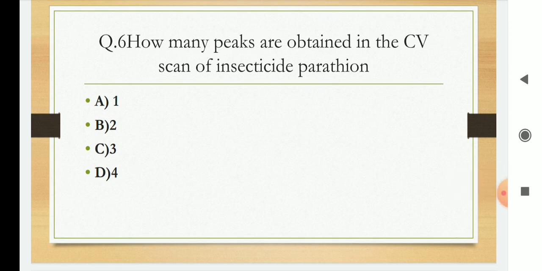How many peaks are obtained in cyclic voltammetric scan of insecticide parathion? 1, 2, 3, 4. When the parathion compound is subjected to cyclic voltammetry, you will get 3 peaks.